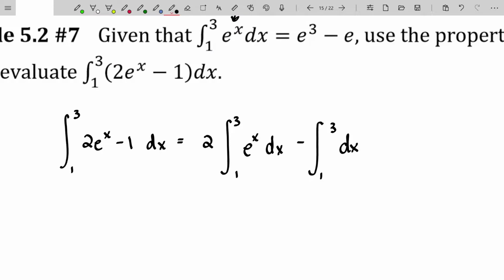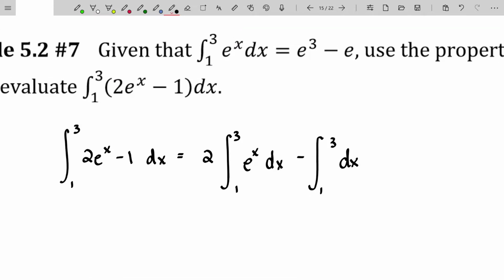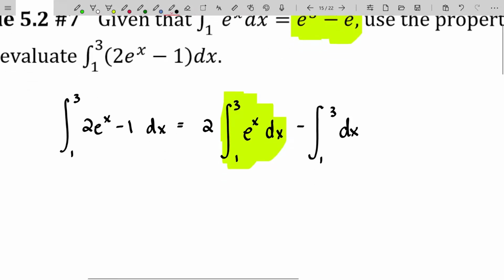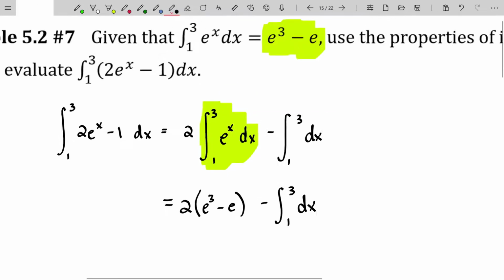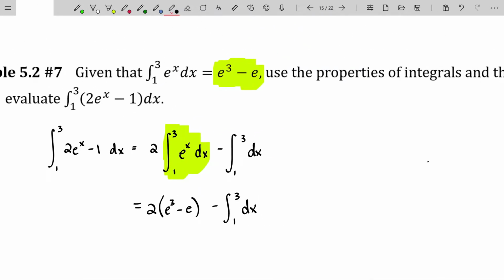This is something I was so annoyed with in calculus. Now they tell us that this picture right here can be traded out for this stuff. So that's what I'm going to do in the next step here. That's 2 times e to the third minus e. But we still have this minus the integral from 1 to 3 of dx. Always try to think geometrically. We're finding the area underneath the curve from 1 to 3, and the curve is y equals 1.